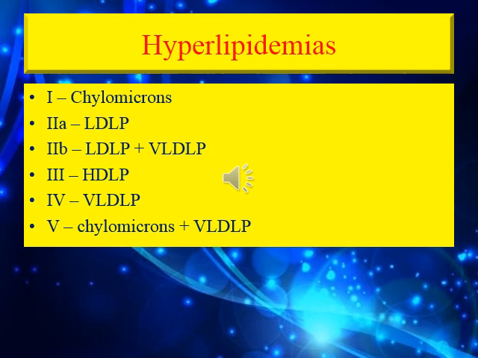Second B, increased level of low-density lipoproteins plus very low-density lipoproteins. Third type, increased level of high-density lipoproteins. Fourth type, increased very low-density lipoproteins. Fifth type, increased level of chylomicrons plus very low-density lipoproteins.